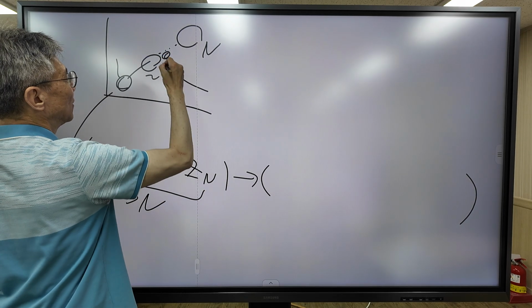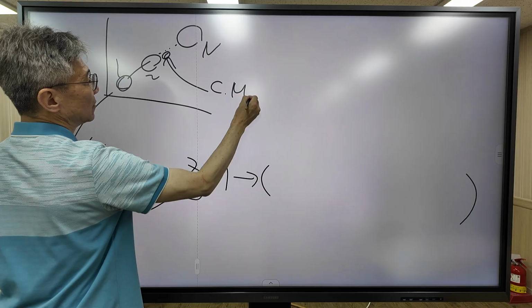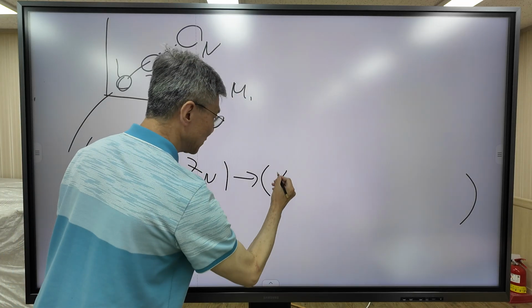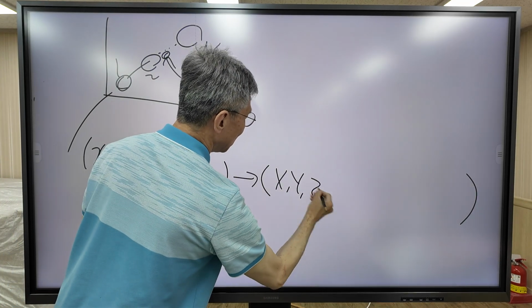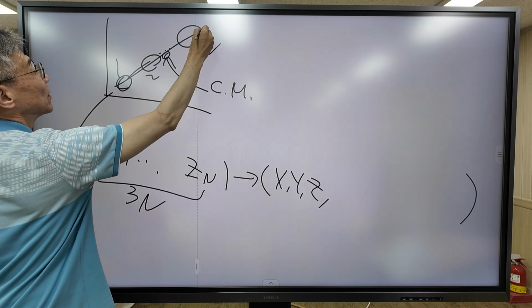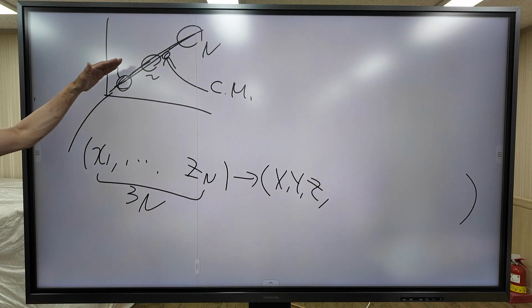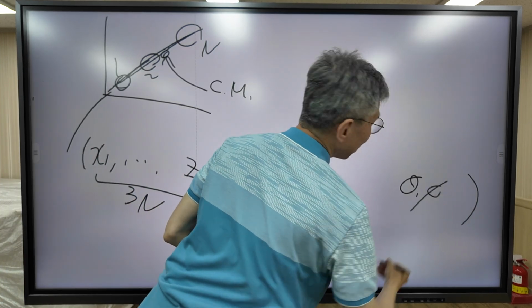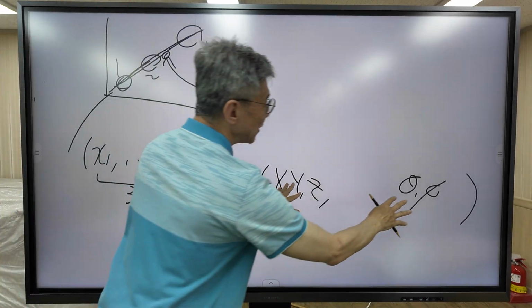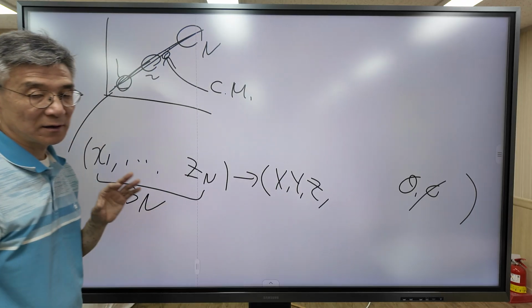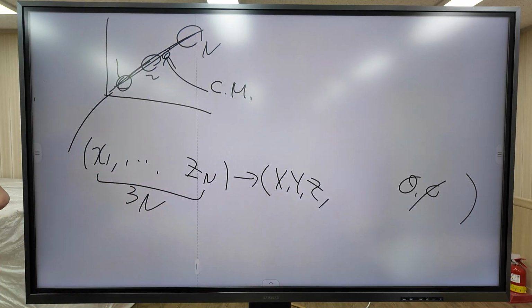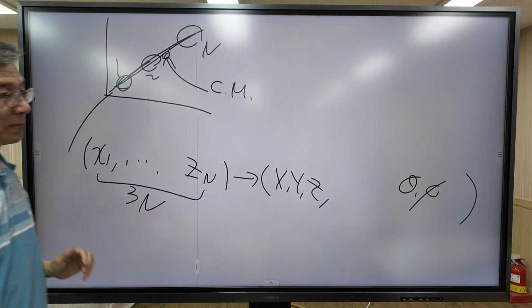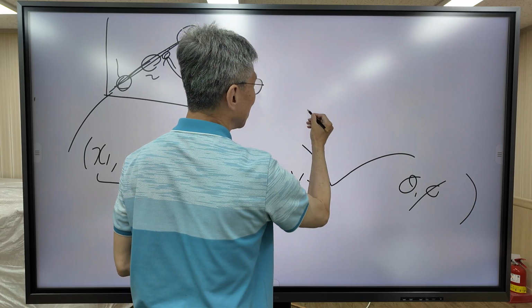We also have the center of mass x, y, and z, and this is a linear molecule. So to define the orientation of this molecule, we need 2 angles, theta and phi. So 5 coordinates are defined. So how many coordinates remain?